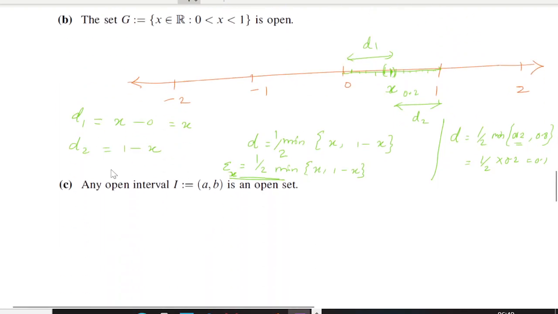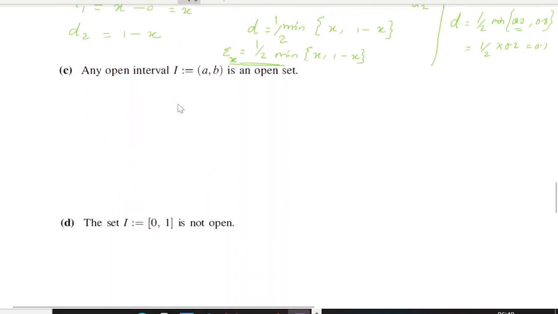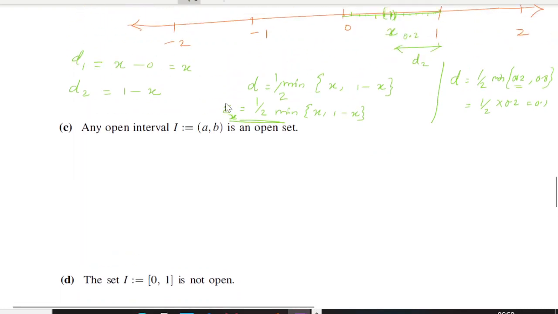Next example is any open interval I equal to the open interval (a, b) is an open set. You can try it. Here I have taken an open interval, meaning the condition is a less than x less than b. Again in the real line, here is a, here is b.